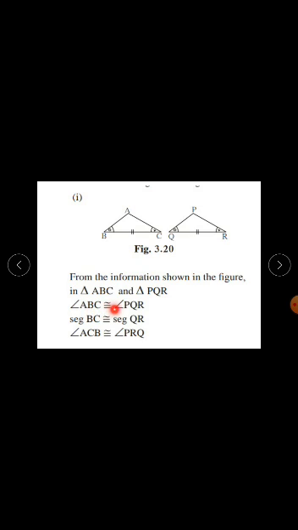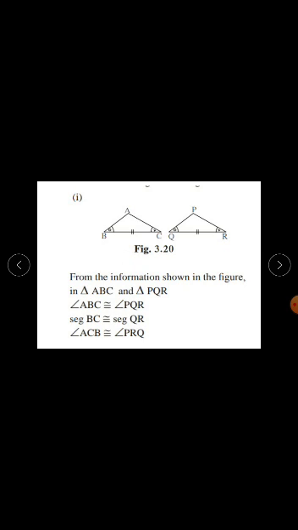Side BC, see, two identical lines. So side BC is congruent to side QR. And again, the same symbol is here. So angle ACB is congruent to angle PRQ.